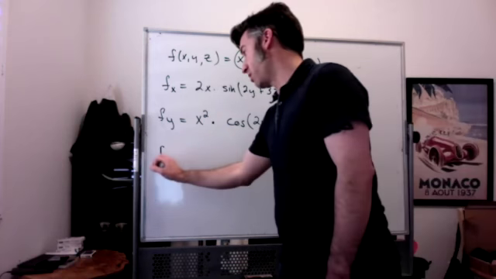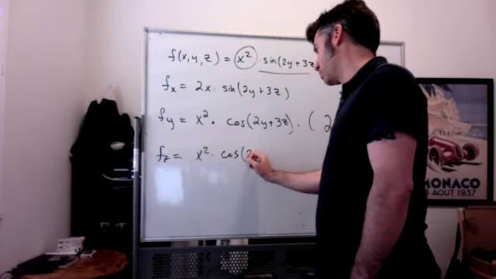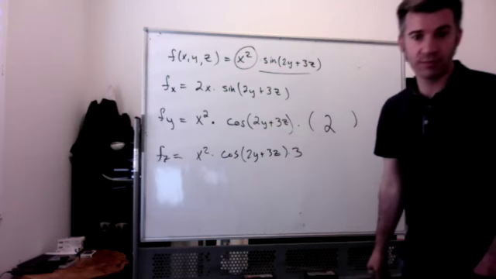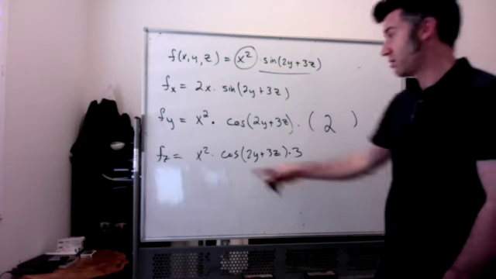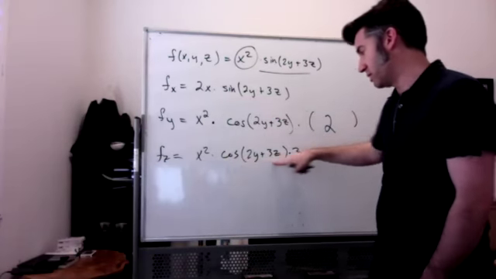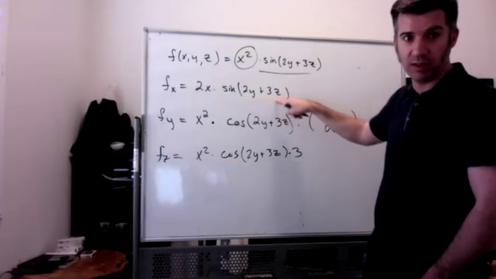And in a similar way, fz would be x squared times cosine of 2y plus 3z times 3, because now we're doing the partial with respect to z. The constant multiple hangs out. The derivative of sine of some stuff is cosine of the stuff times the derivative of the stuff, and the derivative of the stuff is 0 plus 3.